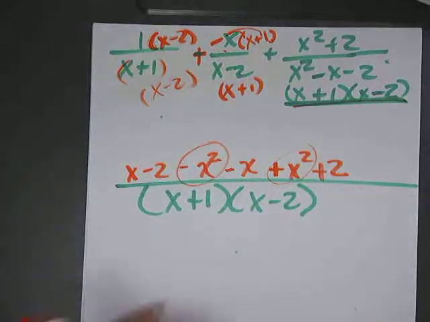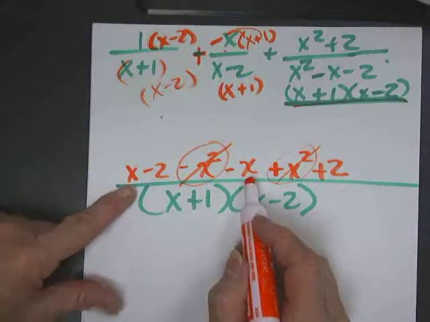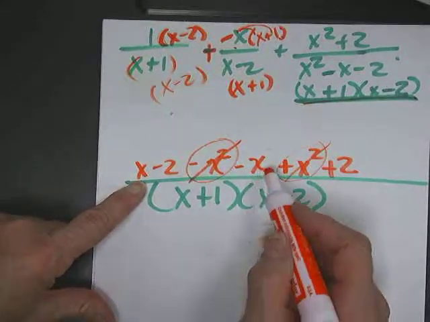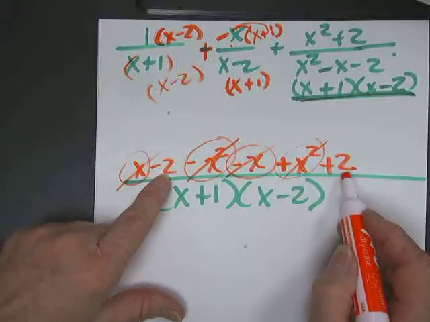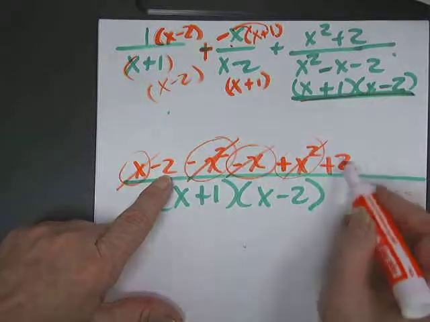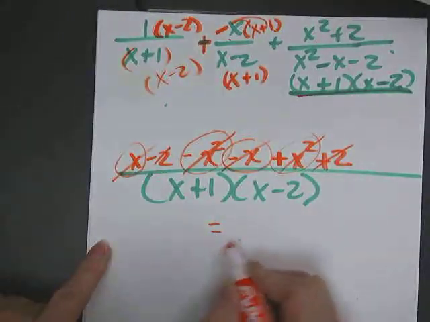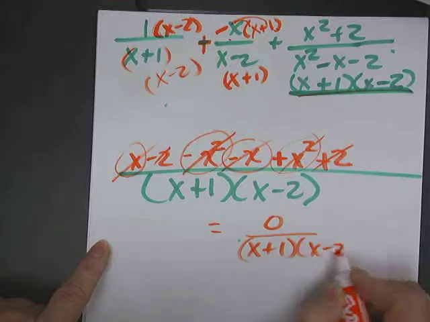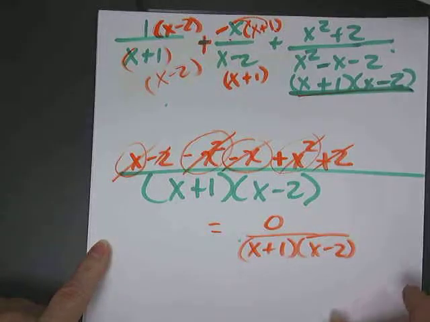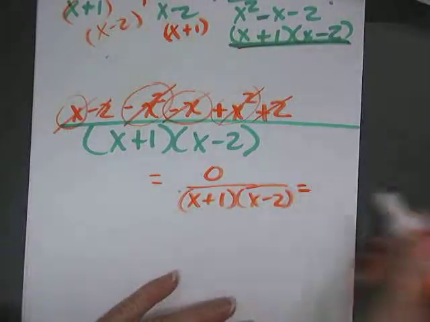I want to turn this into adding a negative there, so we would bring it down as negative x squared, minus x. Negative x times 1. We didn't multiply this by anything, so we don't have to multiply the top. We can just bring it down.